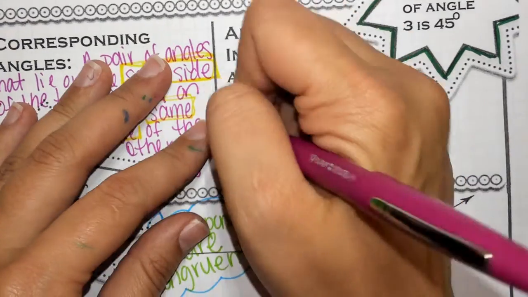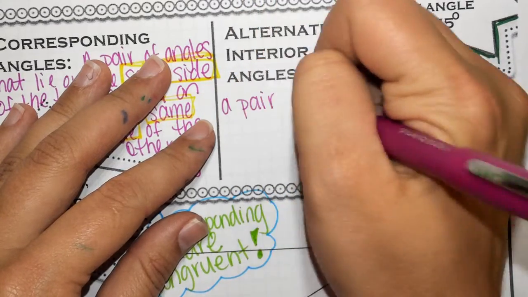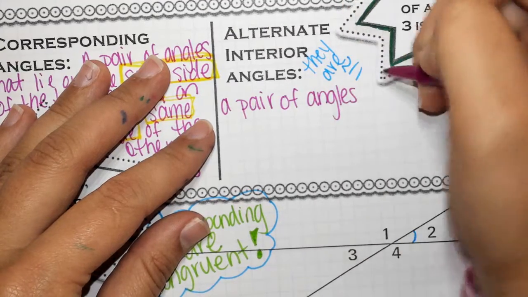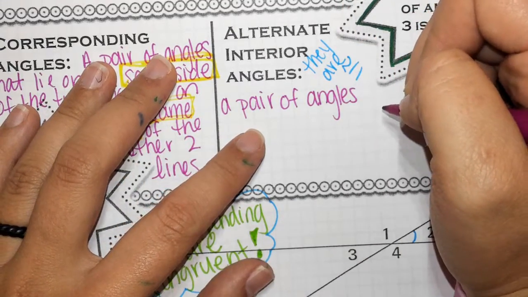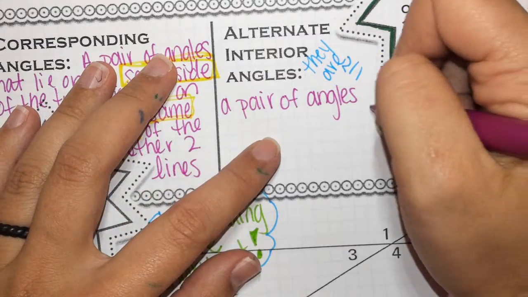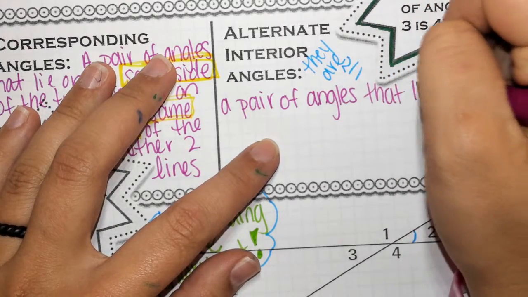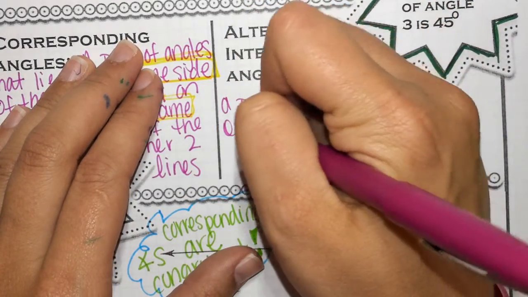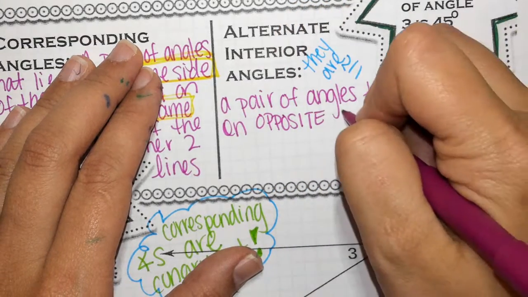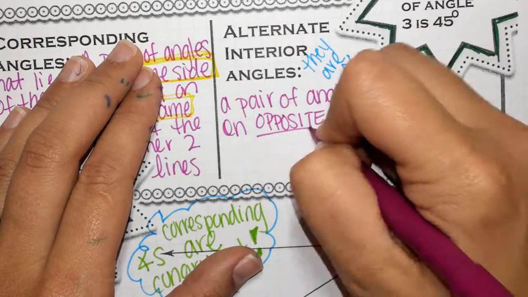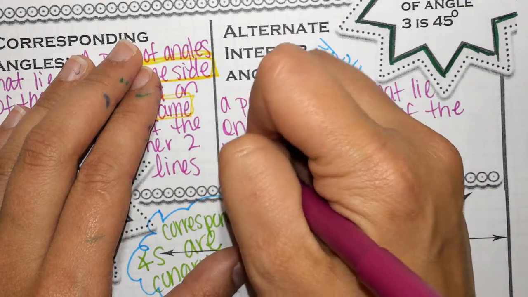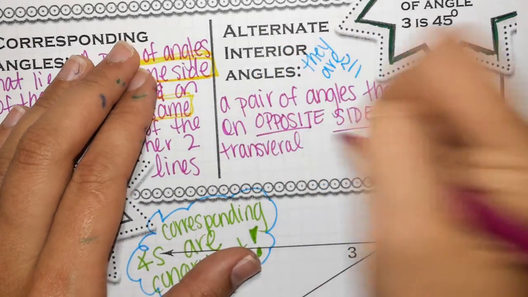So it's a pair of angles that lie on opposite sides of the transversal.